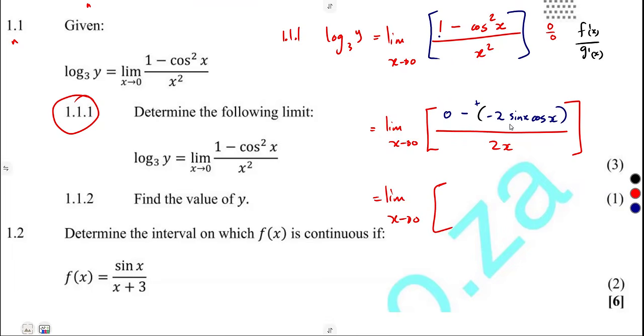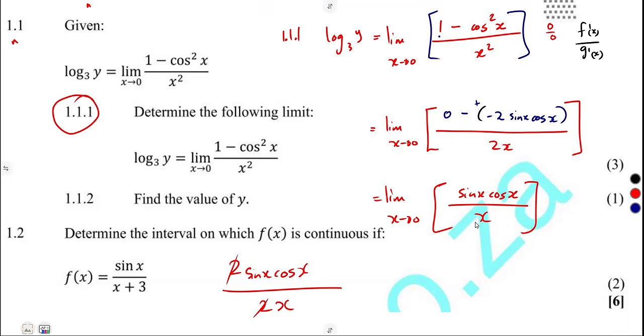So that is going to be 0 plus 2, which is 2 sine of x cos of x over 2x, which we can cancel and have as sine of x cos of x over x. So this is what you're going to have.